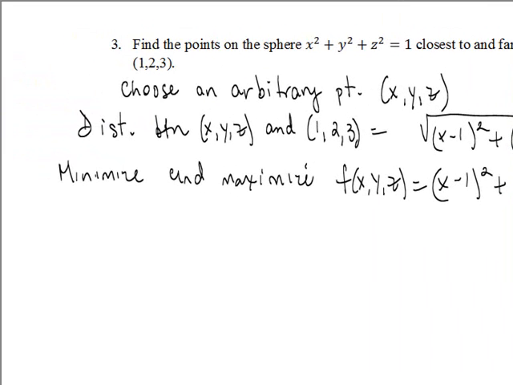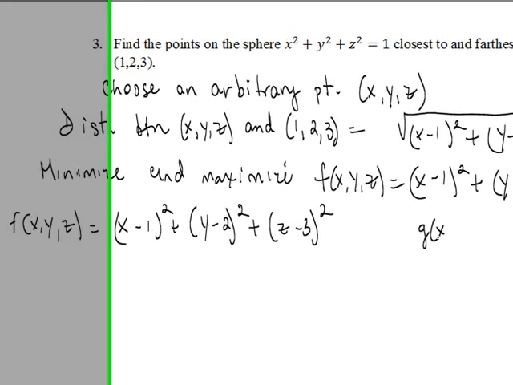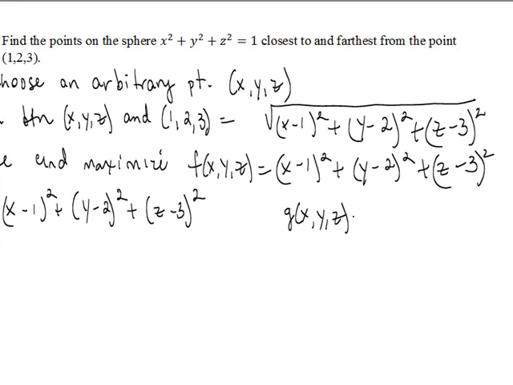So we have f of x, y, z, which I'm writing again, x minus 1 all squared plus y minus 2 all squared plus z minus 3 all squared. And then g of x, y, z equals x squared plus y squared plus z squared minus 1.